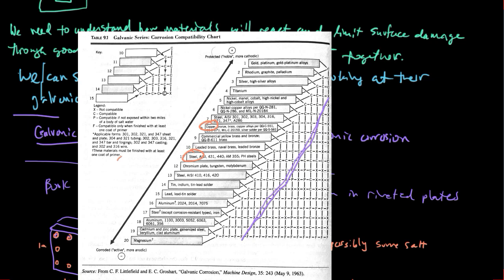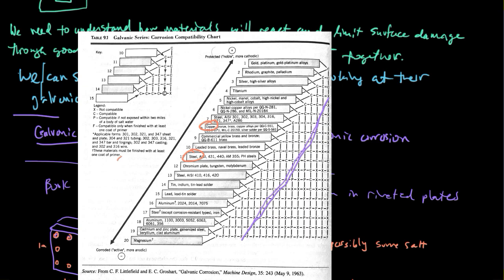Okay, and so the way to think through this is the steel is more active, and it would cause corrosion in both cases, because there's 100 times greater current density at the rivet surface than the plate surface due to the area effect. The corrosion rate is the highest if the rivets are steel.